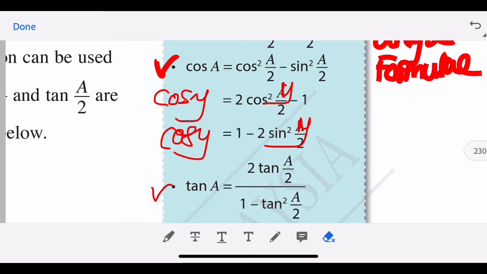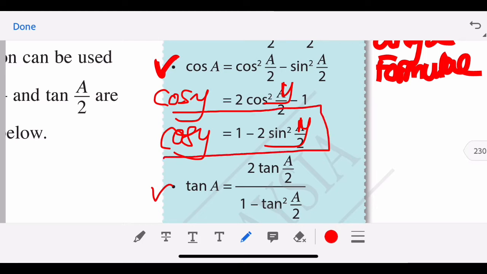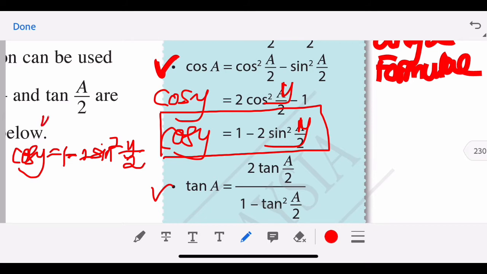Okay. So notice that you have the sine square, right? Let's see the question. We want to convert the question into everything sine. So we will choose the one with the sine square. So I copy down this formula, cos y equal to 1 minus 2 sine square y over 2.